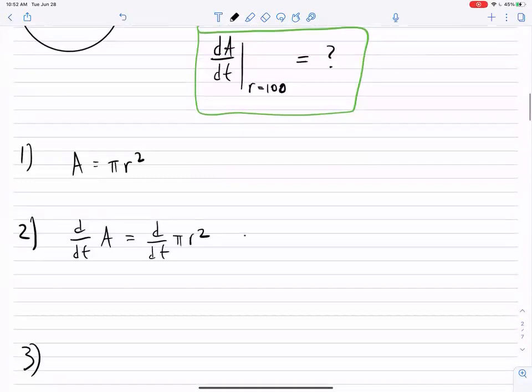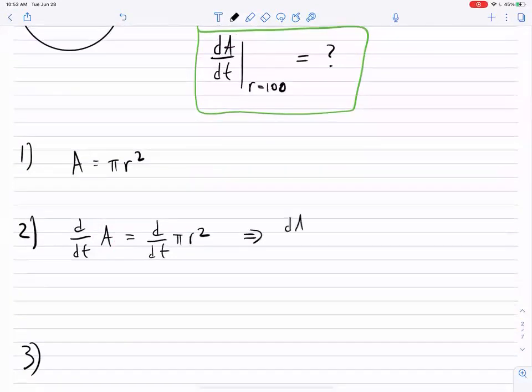And so what does that give us? Well, what is the derivative of the variable A with respect to t? That's just called dA/dt, right? If you take the derivative with respect to a variable, it's just dA/dt. Over here, we have to do implicit differentiation. Pi is just a constant. And then taking the derivative of r squared with respect to t, well, first let's take the derivative of r squared with respect to r.